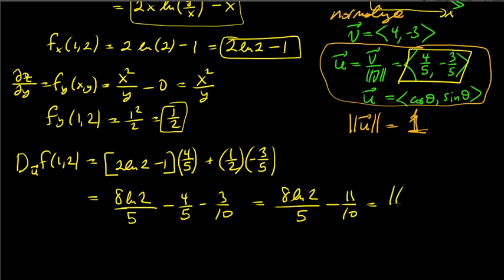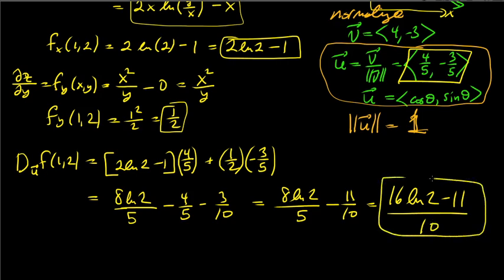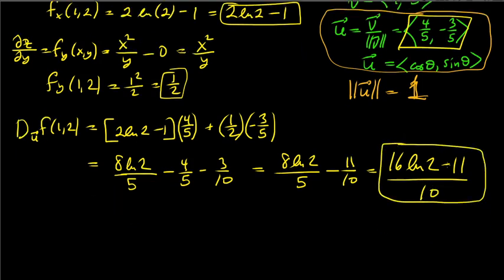Or if you prefer, 16 log 2 minus 11 all over 10. And I'm pretty sure that's a positive number. Again, it could be negative. Yep, it's a very small number though.